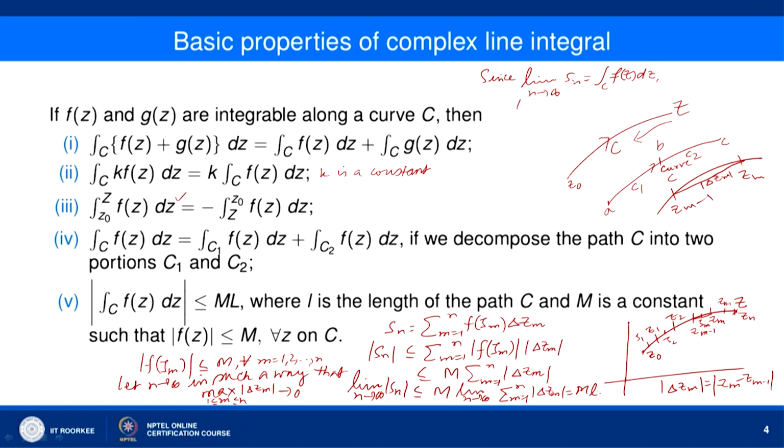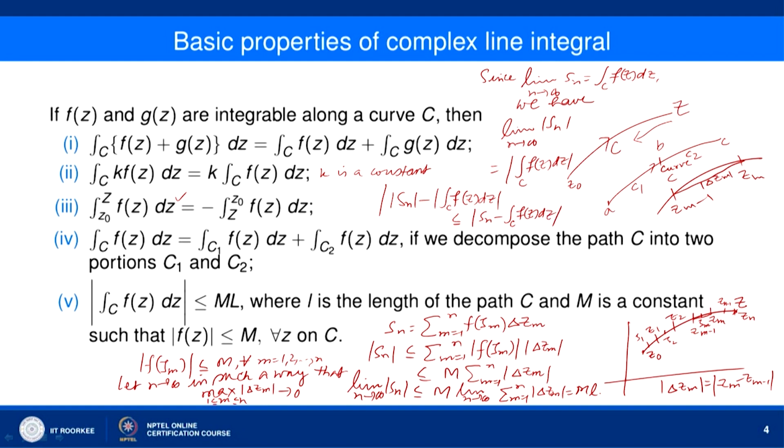We have limit n tends to infinity mod of Sn is equal to mod of the integral over C f(z) dz, because this can be easily established: mod of Sn minus mod of the integral over C f(z) dz, by triangle inequality, is less than or equal to mod of Sn minus the integral over C f(z) dz.